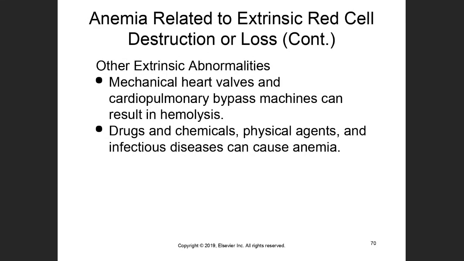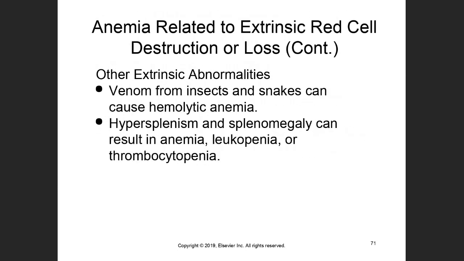Other intrinsic anomaly: a mechanical heart valve can also produce mechanical destruction of the red blood cell and can produce anemia, okay? Extrinsic anomaly: venom from an insect or a snake. Of course, there are some toxins that attack the red blood cell.